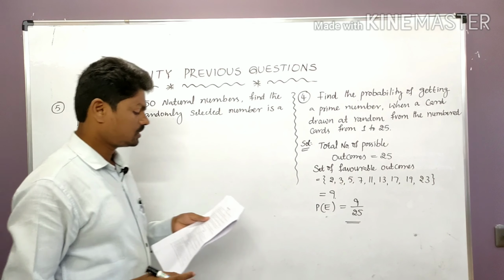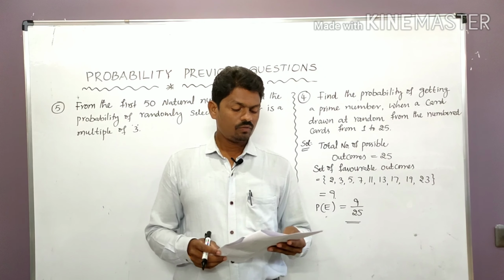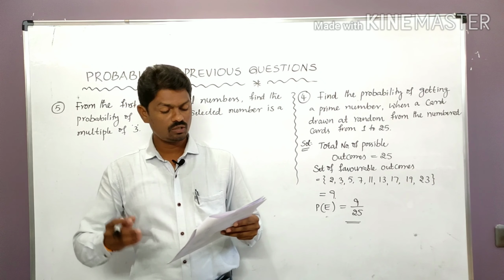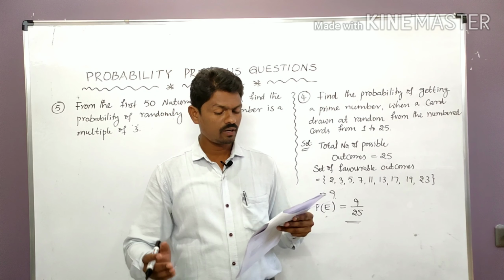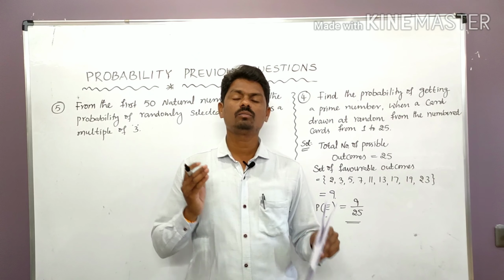So this he asked previously: from the first 15 natural numbers, find the probability that a randomly selected number is a multiple of 3.